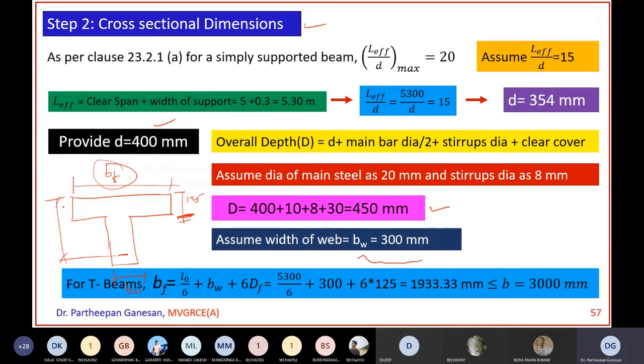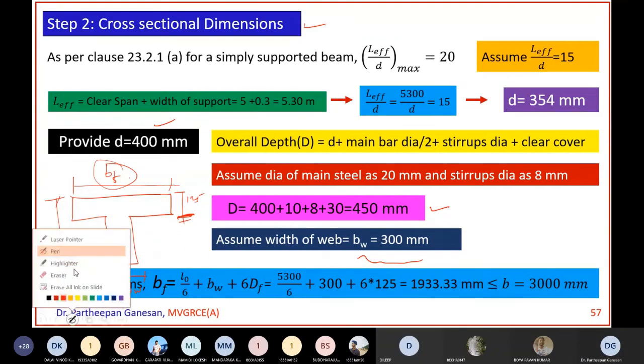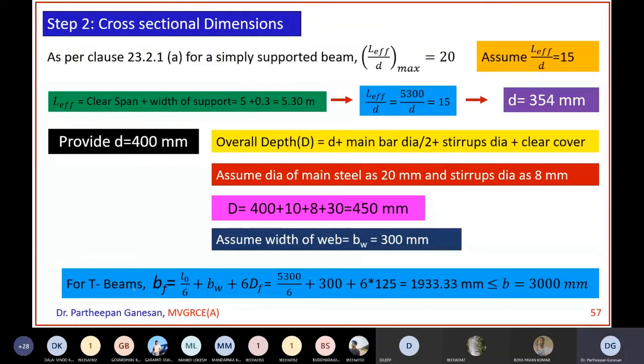So now for T beam, effective width of the flange is equal to L0 by 6 plus BW plus 6 times DF. Once again, I will remind you, all the parameters should have the same unit. So L0 is for a simply supported beam, effective span itself will become L0.